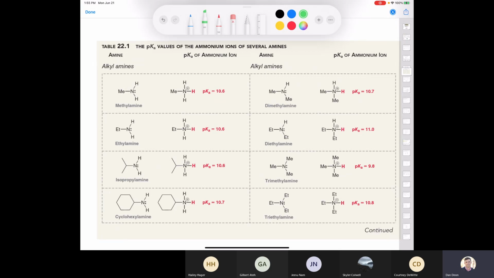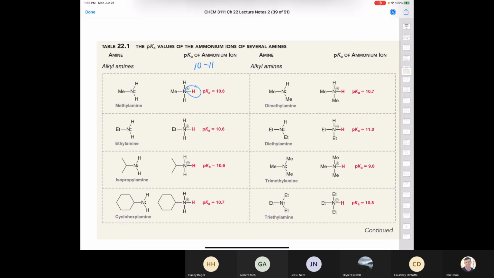If you look at all the pKa values of all these ammonium ions on here, you probably noticed that they're all between 10 and 11, aren't they? Right? So again, the weaker the acid, what does that mean? It means the stronger the base. The weaker the acid is, the less of a propensity it has to give up the proton, okay?